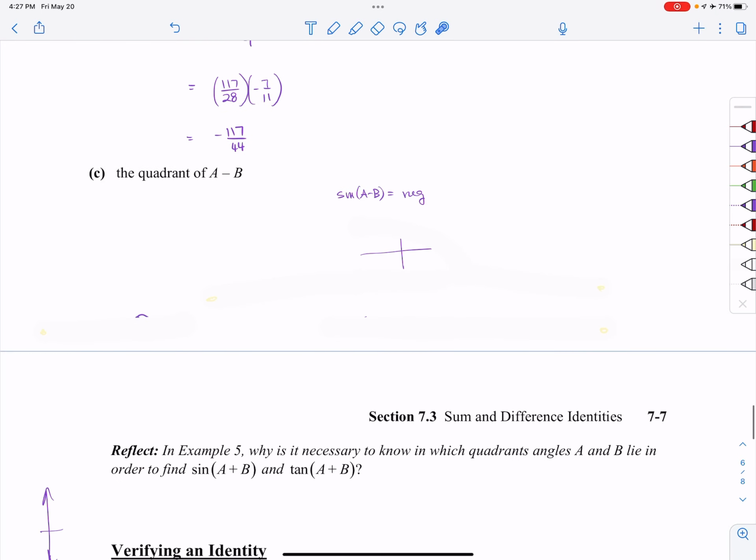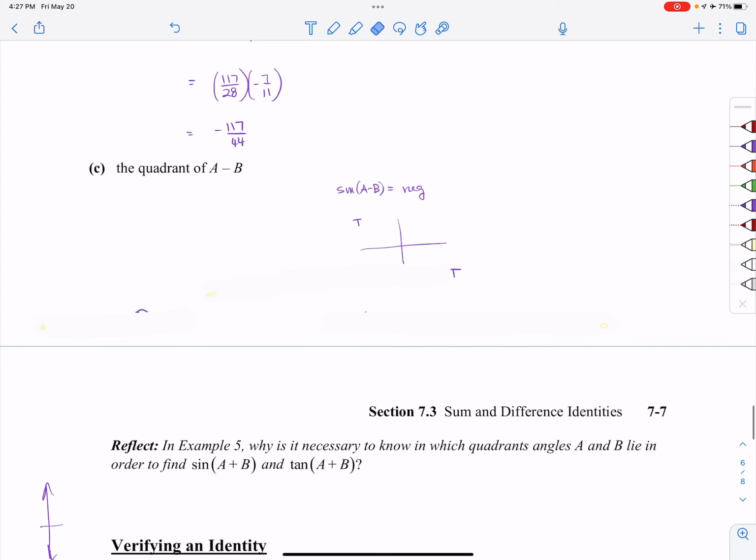Tangent is negative in quadrants 2 and 4. Sine is negative in quadrants 3 and 4. So the only overlap is in quadrant 4. Therefore, quadrant 4 is where this magical angle happens to be.